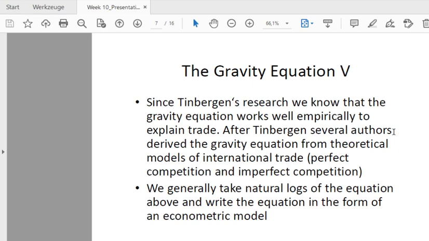So you can use it for different purposes. You can also use it within a country, for example, to study the trade between two provinces of South Africa. This would also be possible using the gravity equation.